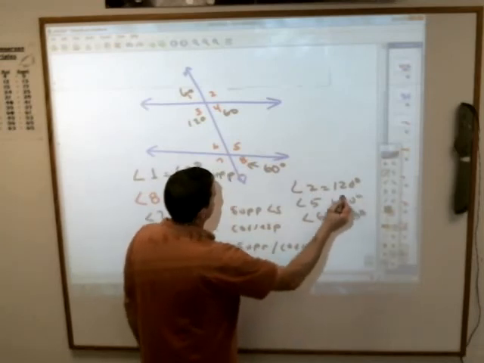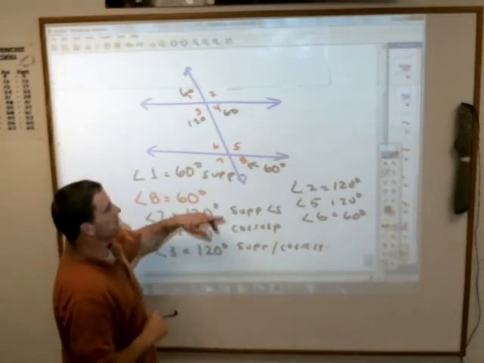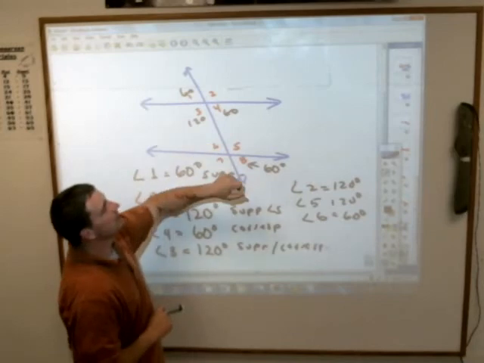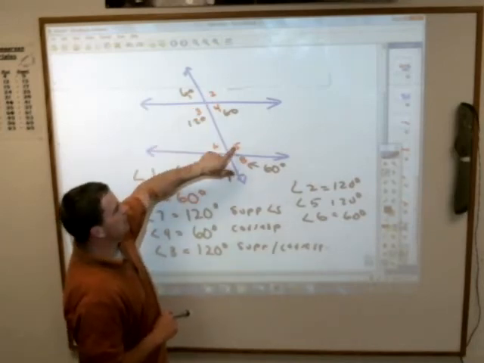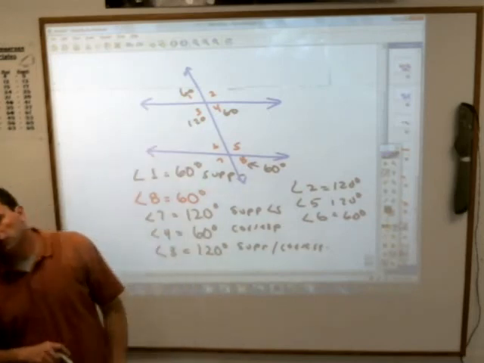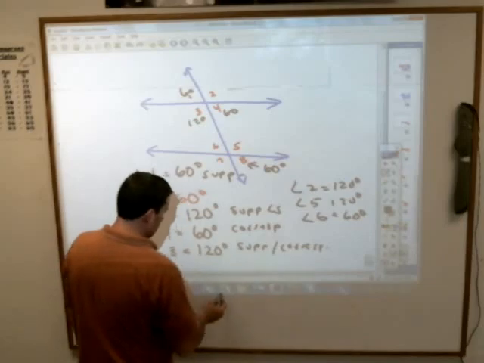Because it's... you could give about 3 different reasons for that one. It's supplementary to angle 8, it's supplementary to angle 6, it corresponds to angle 2, it's an alternate interior angle to 3. Okay, and that's, ladies and gentlemen, just a little bit about what high school geometry is like.